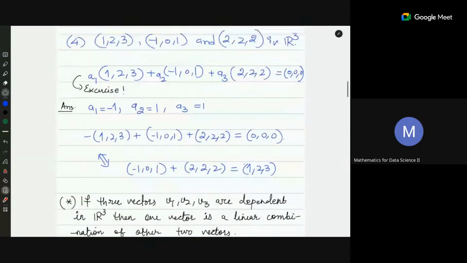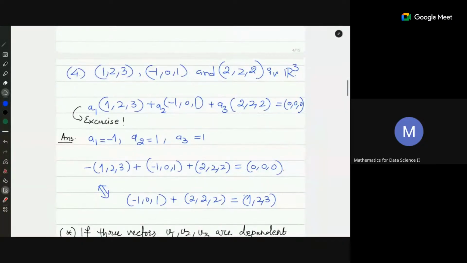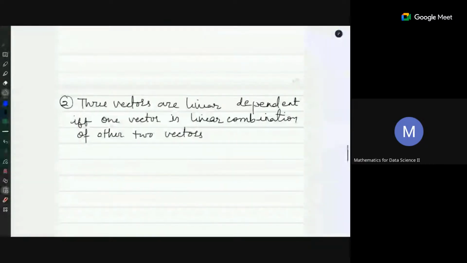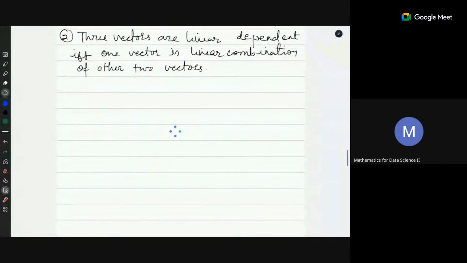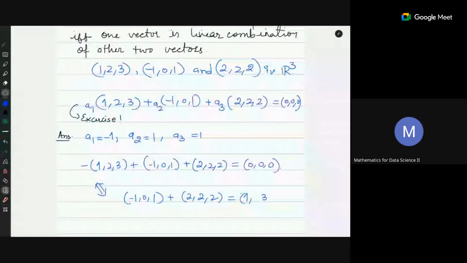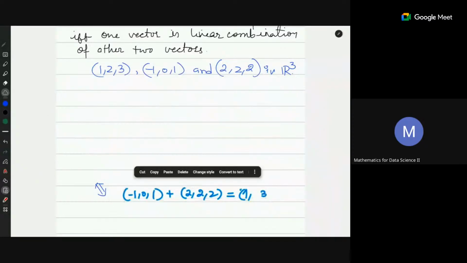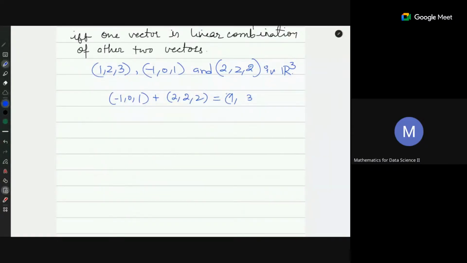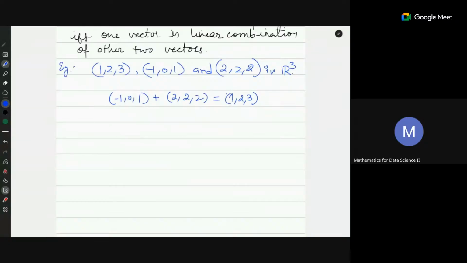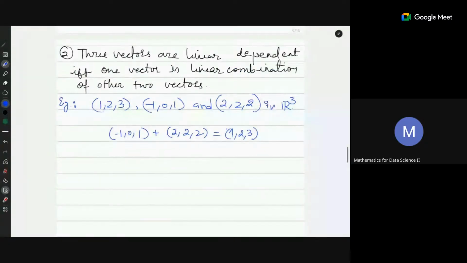This is the example that we saw, and you can express one vector in terms of the other vectors.